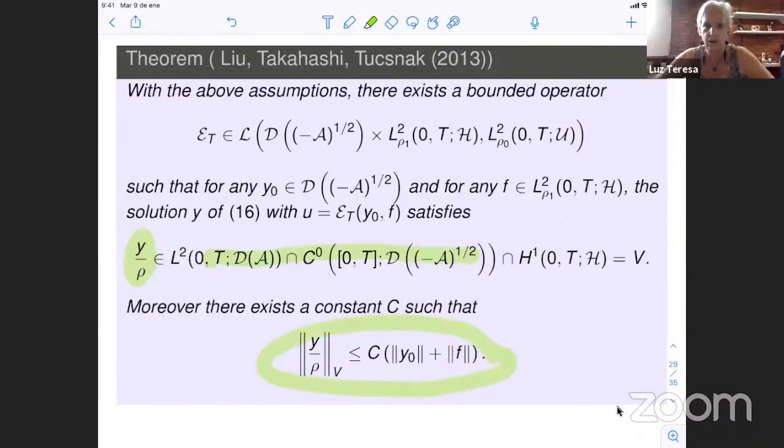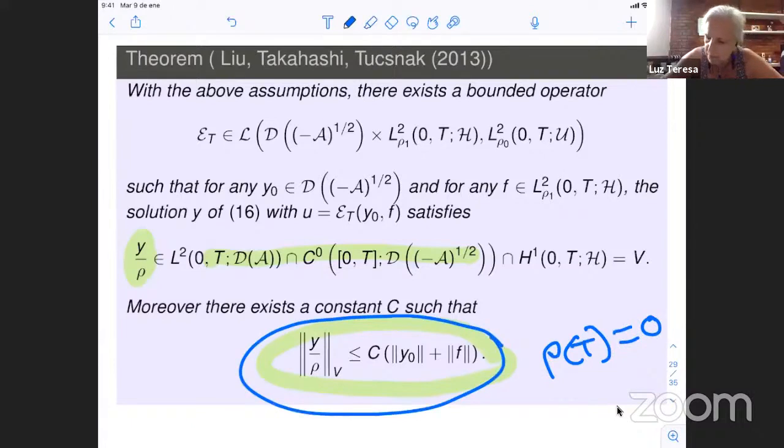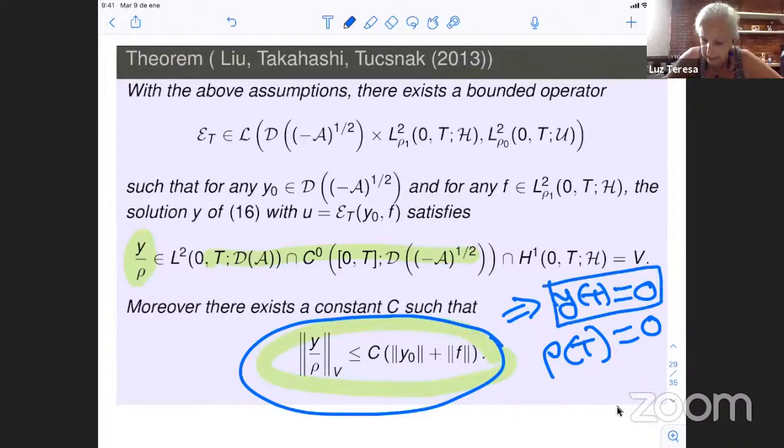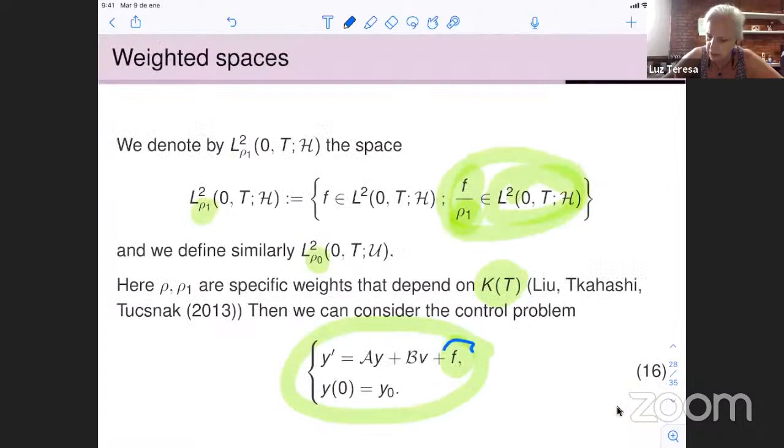So the good thing is that with the weights that you construct, this ρ vanishes. So you have the particularity that ρ of capital T is equal to 0. So this inequality implies that Y of capital T is equal to 0. So what I am saying is that in fact, you may control to 0 your non-homogeneous equation with this F, okay?